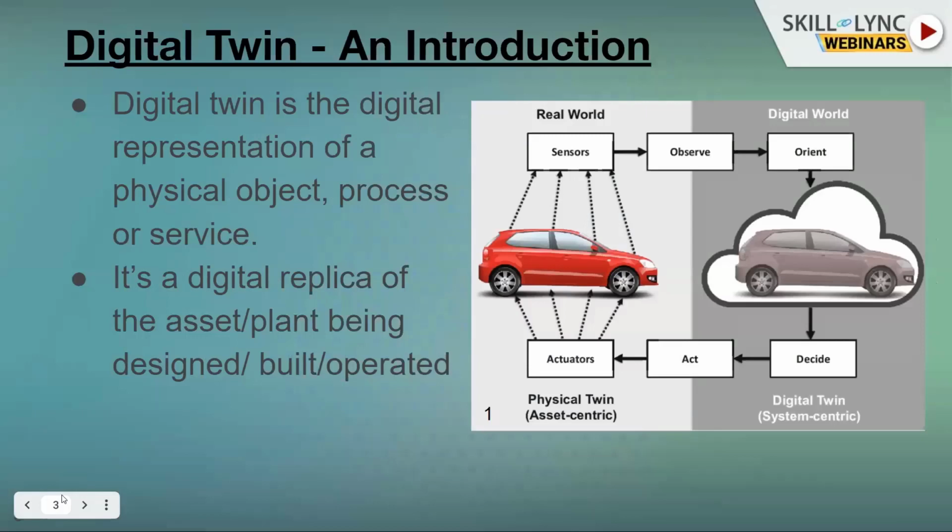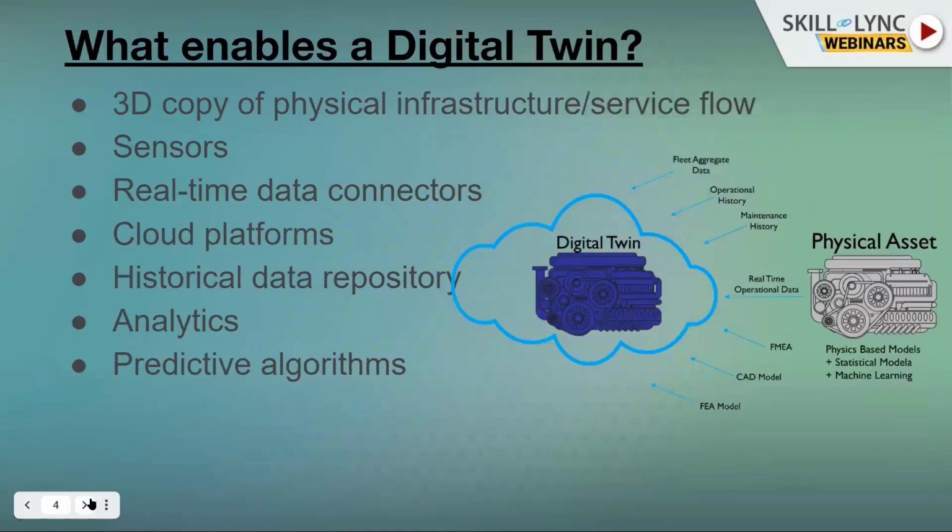So we can go and understand the concepts of digital twin a little better. Shruti, can we go forward? Yeah. As you just saw in the previous picture, these are the things that enable a digital twin, or the points which compose a digital twin.